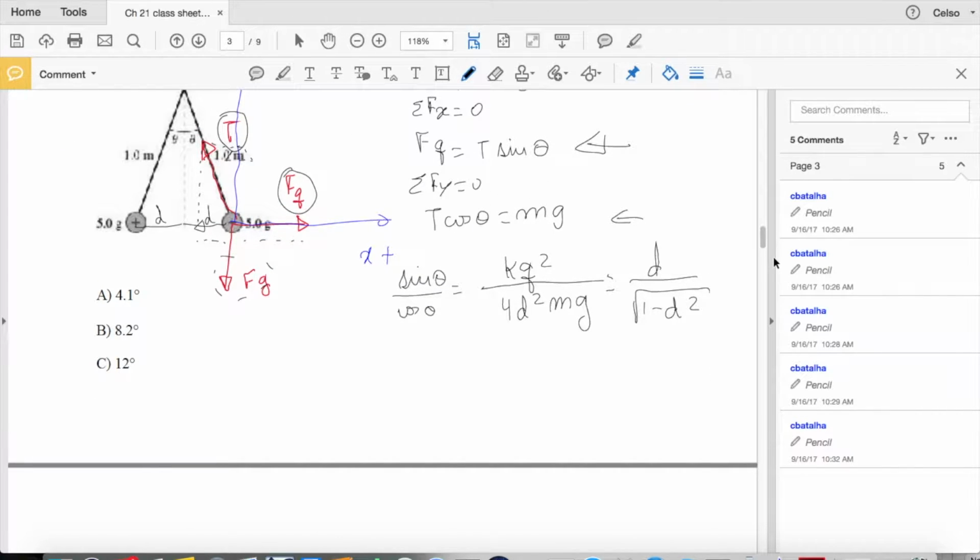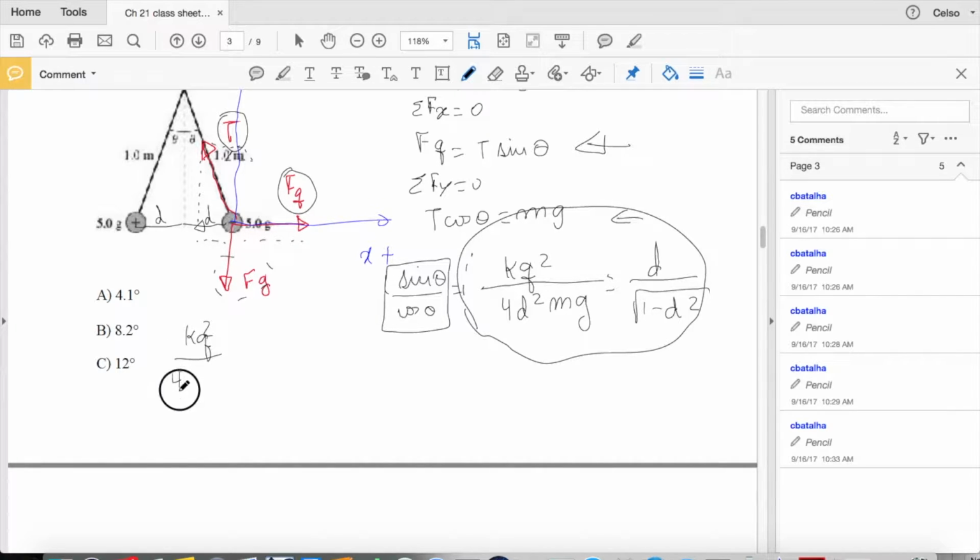Now, how to solve that? If you look at here, we have one equation and one unknown, right? Because we converted theta as a function of d. How can we do that? Well, we could square all of this. For k q squared divided by 4 mg, this is a constant. Let me call this constant c.